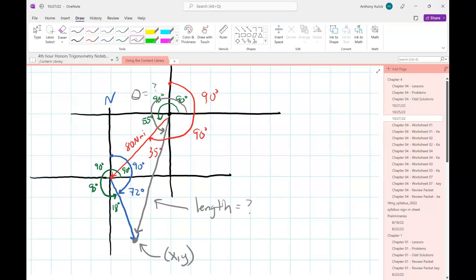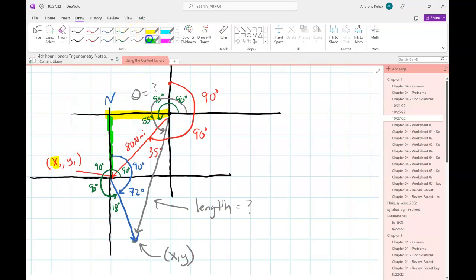So this is the way I'm going to think about it. To get to this location over here that I'll call x1, y1, I'm going to be going over this much and then down this much, right?